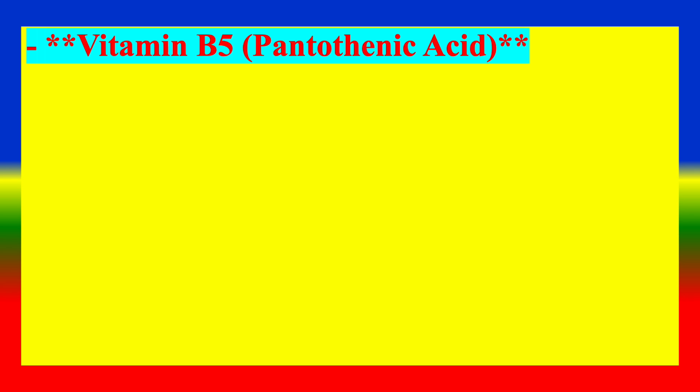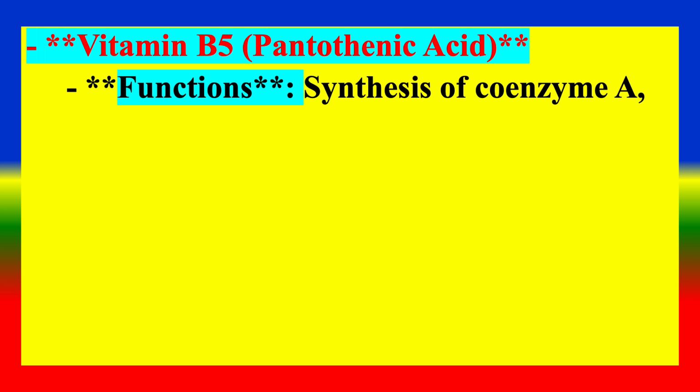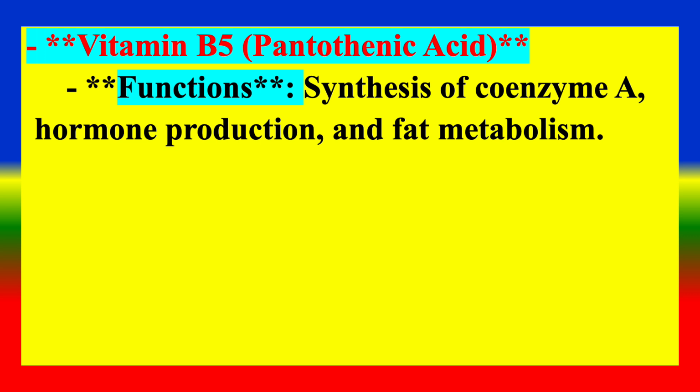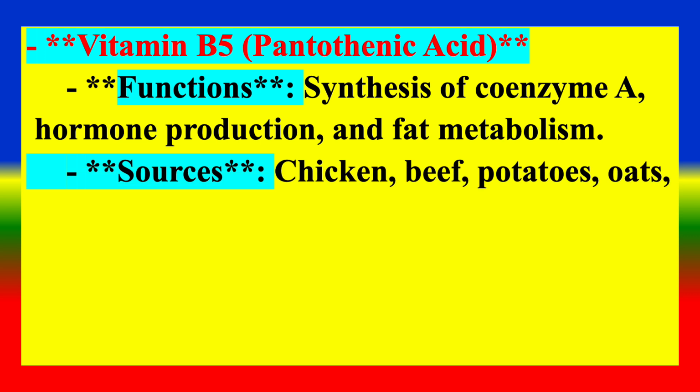Vitamin B5, pantothenic acid. Functions: synthesis of coenzyme A, hormone production, and fat metabolism. Sources: chicken, beef, potatoes, oats, and tomatoes.